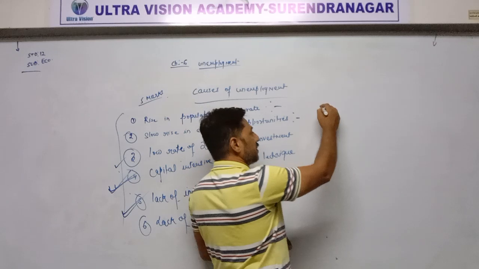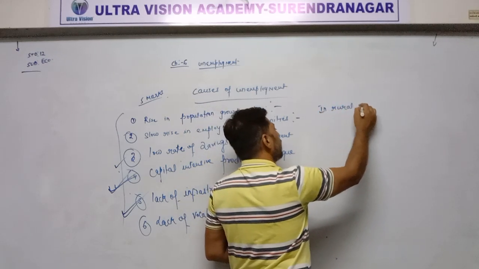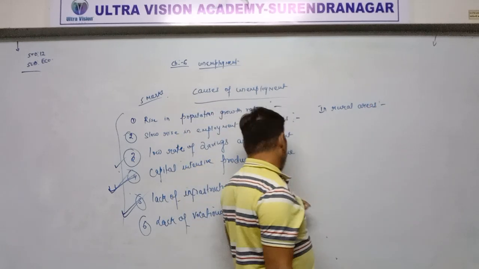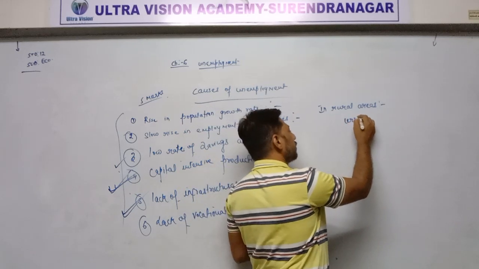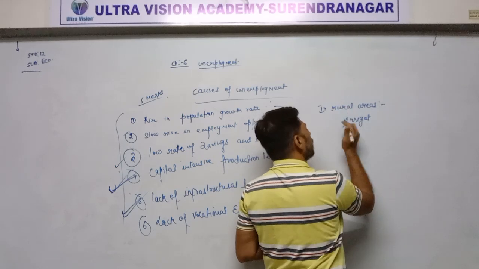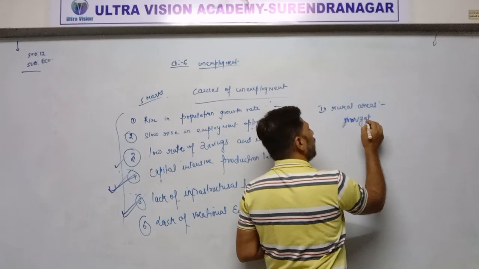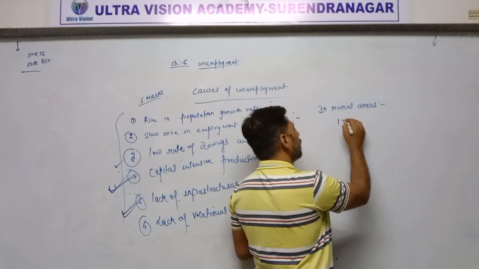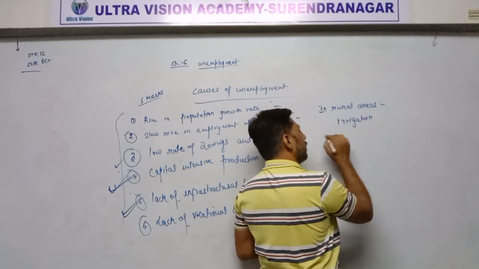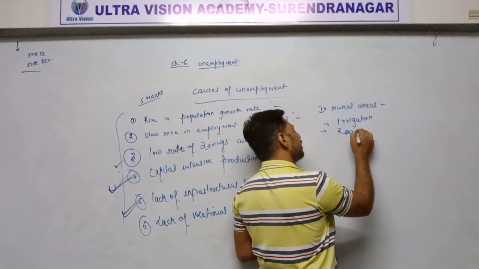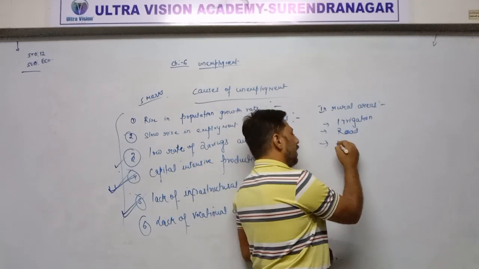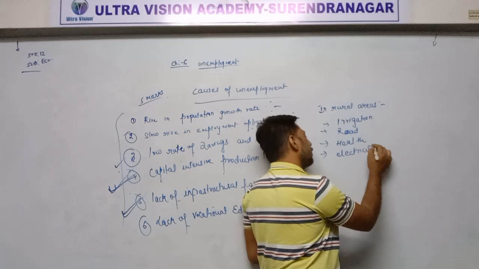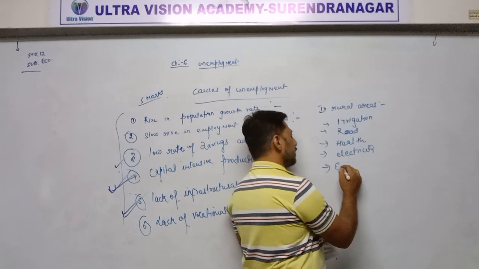We all know that in rural areas there is lack of various types of infrastructural facilities, like irrigation facilities, road facilities, health facilities, electricity facilities, next education facilities.